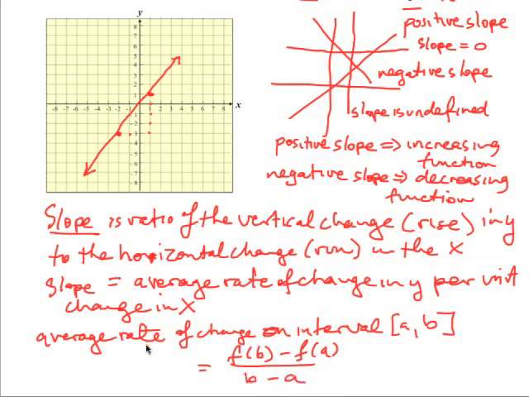And so this is the average rate of change, which is determined by the slope. And so the slope of a linear function is actually giving us an average rate of change. And that allows us to find average rates of change when we have linear models.